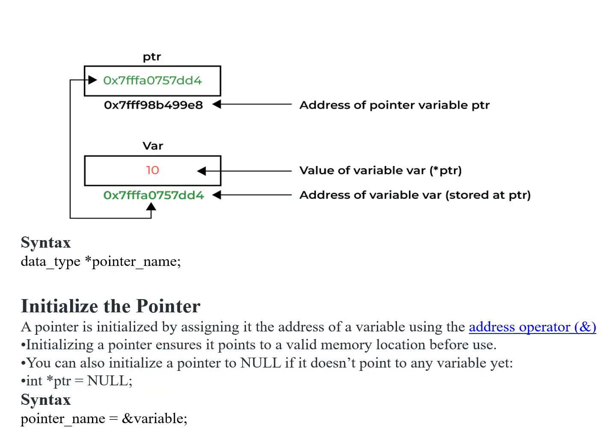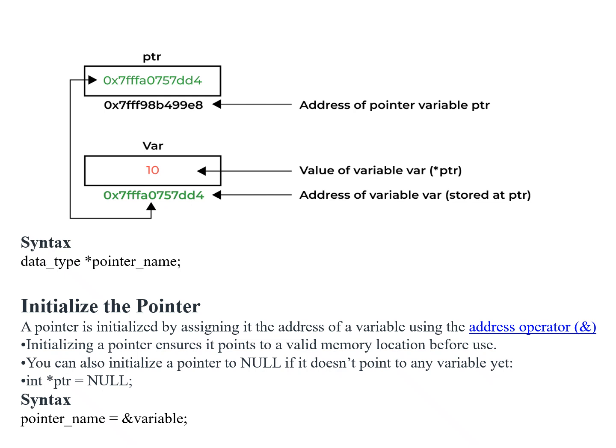Let us see a small example diagram. The pointer box holds the memory address of another variable. The normal variable has its own memory address, and inside that memory box is the value 10.